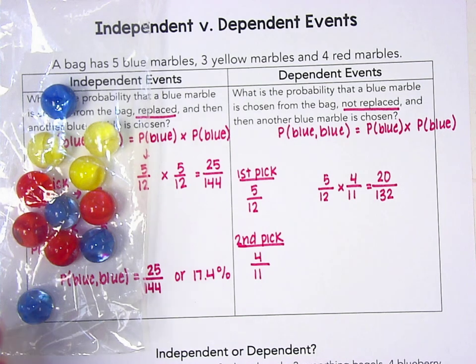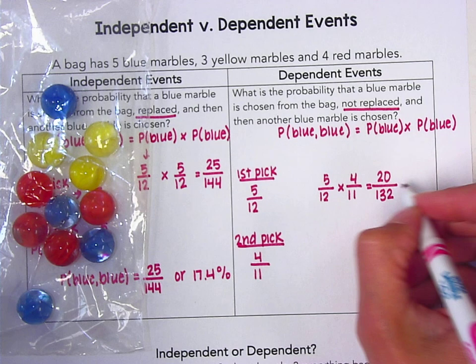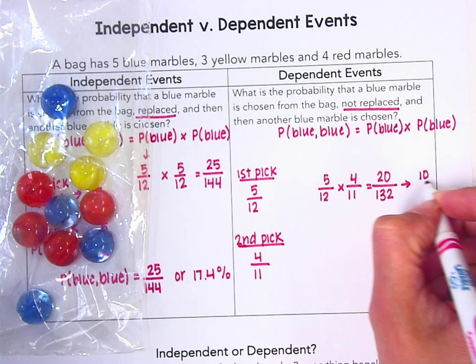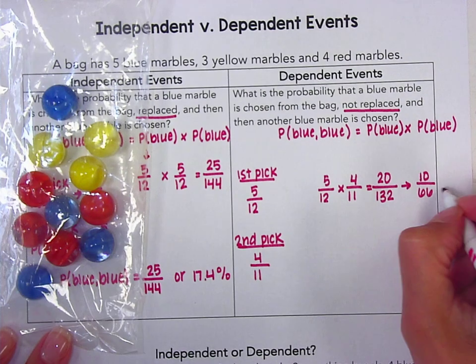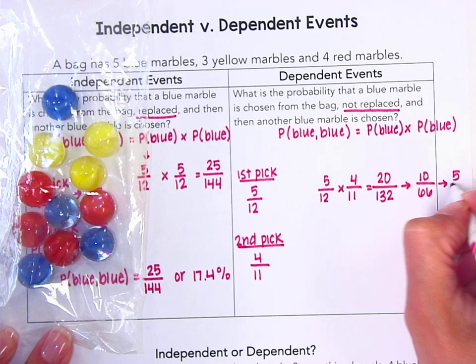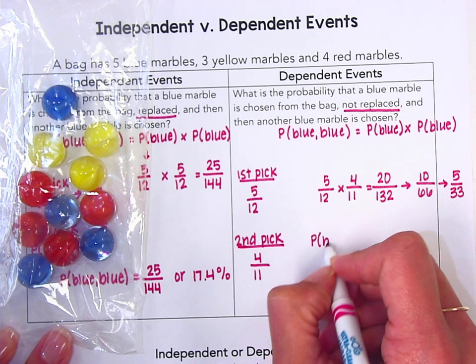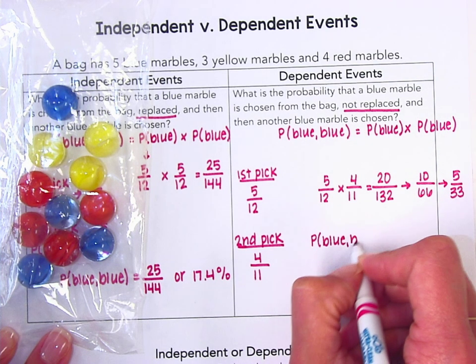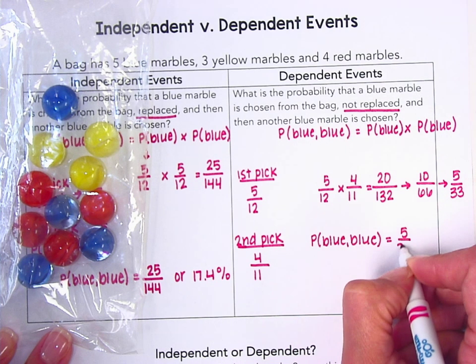I always start by thinking, can I divide by 2? Since these are both even numbers, we can divide by 2 to simplify to 10/66. I can continue to simplify by dividing by 2 to get 5/33. So my probability in a dependent event situation of choosing blue and then blue is 5/33.